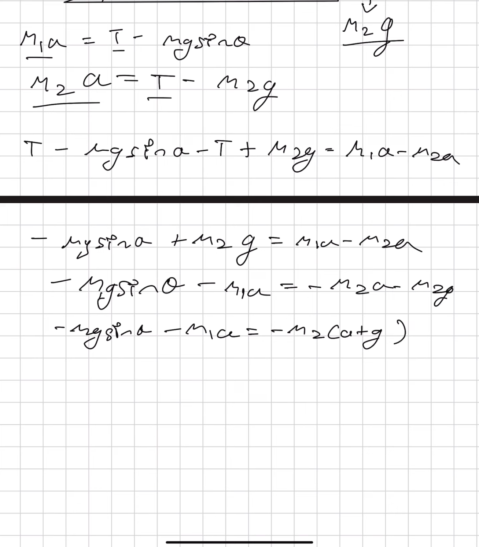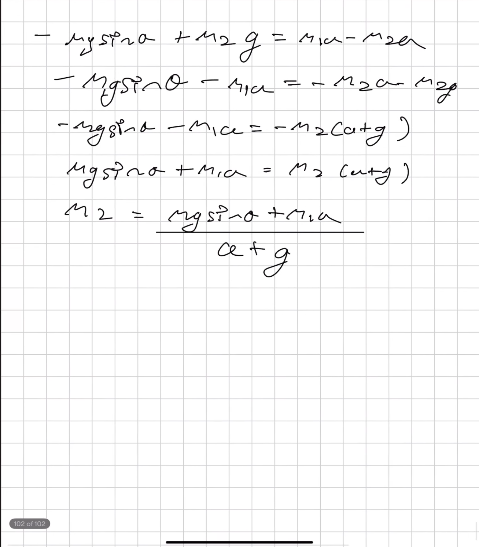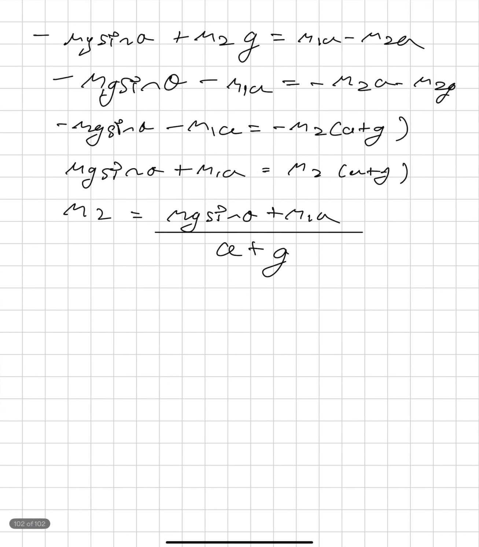Now to remove the negative sign, basically make it m1g sin theta plus m1a equals m2 times a plus g. So m2 is equal to m1g sin theta plus m1a upon a plus g.